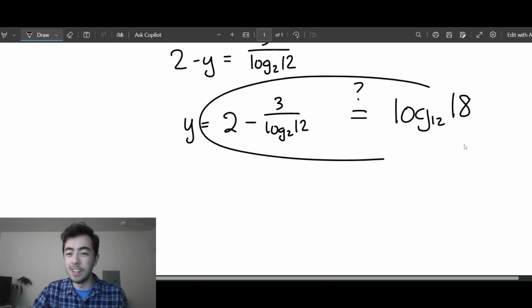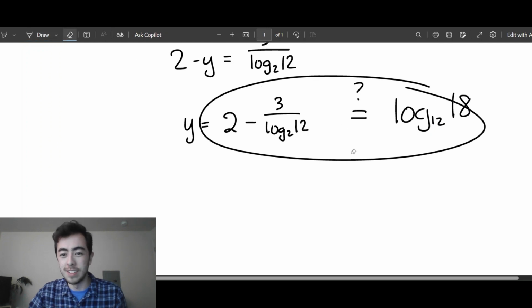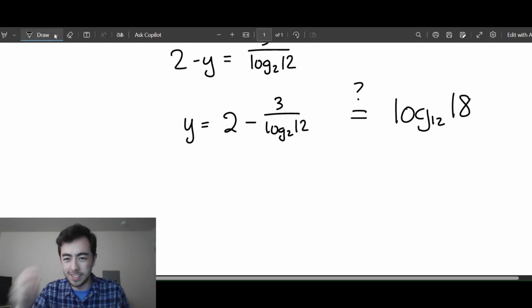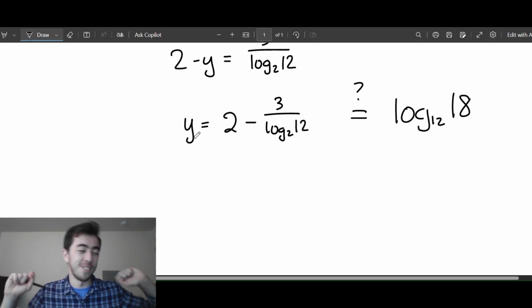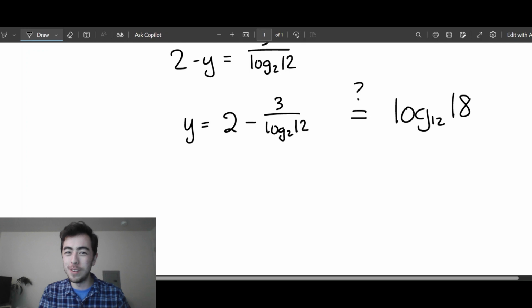Of course, I can't look at this and know that these are equal. I have no clue, right? Right now I can't. But I think we can run through one more set of logarithms and algebra steps to show that these two expressions are actually the same number.